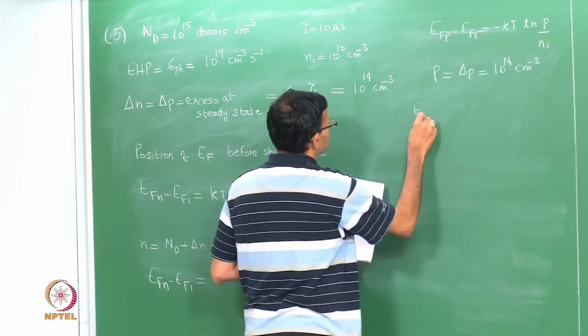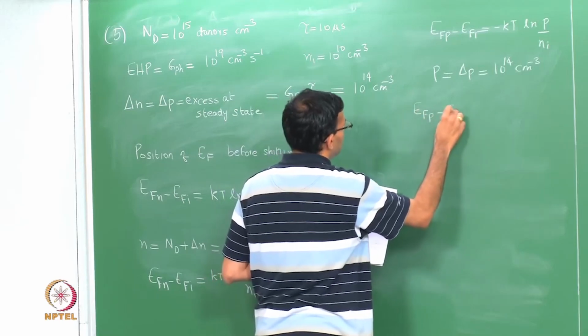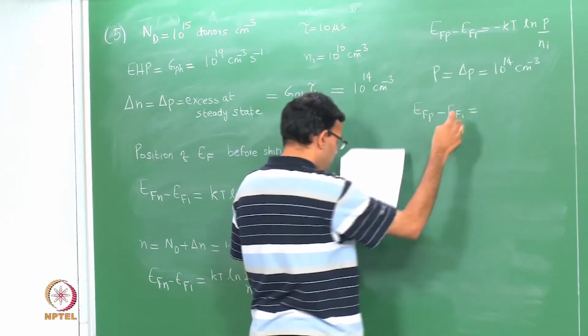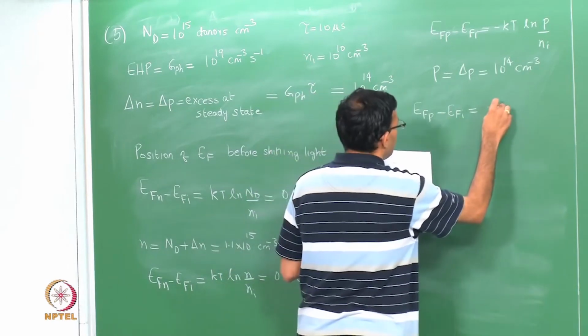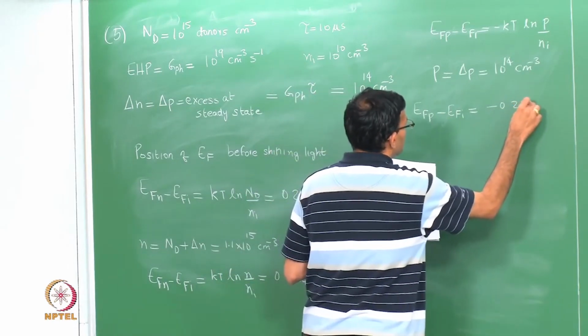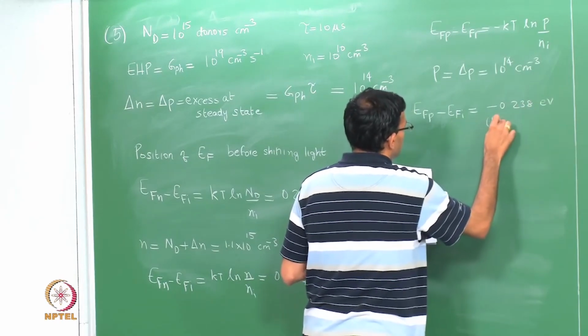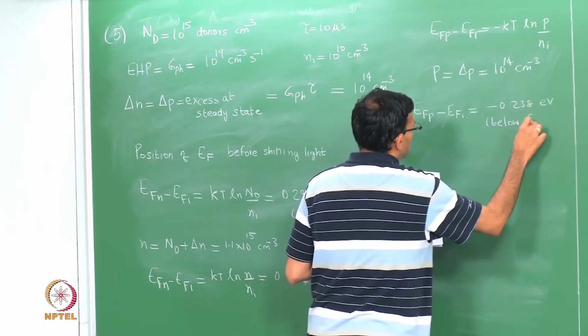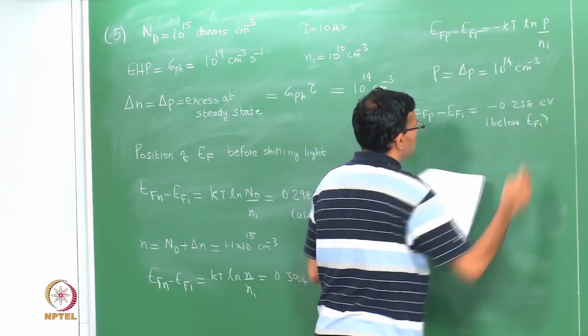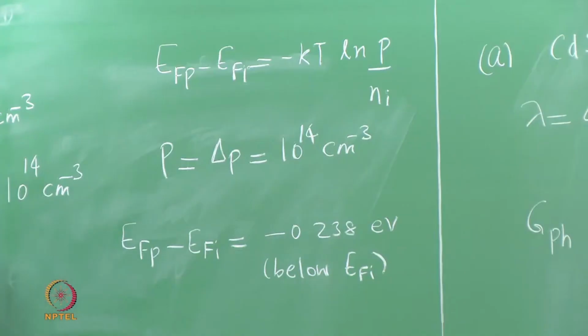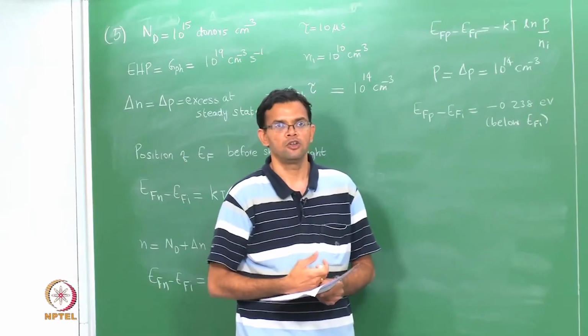So, if you do this, EFp minus EFi is minus 0.38 electron volts. This is basically below EFi. So, when we shine light onto the material, we generate excess electrons and holes.